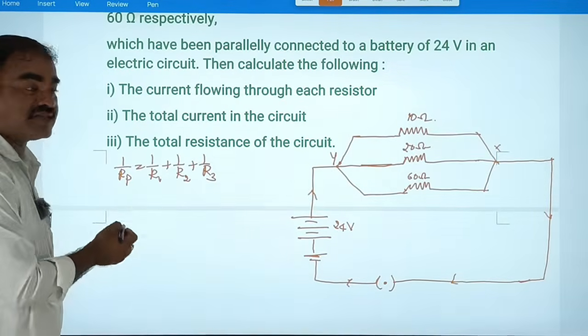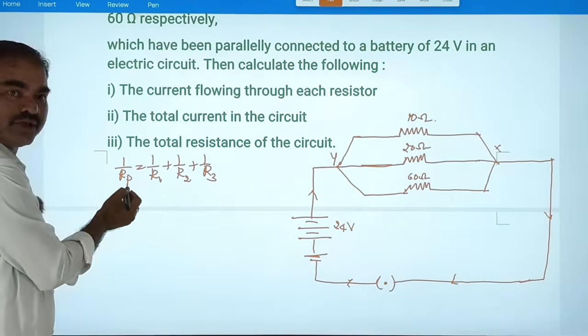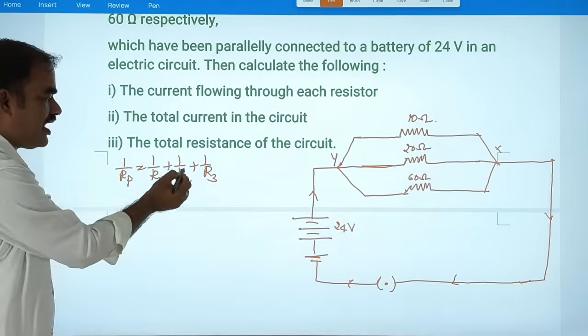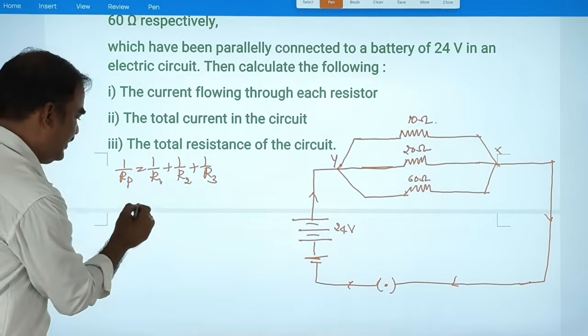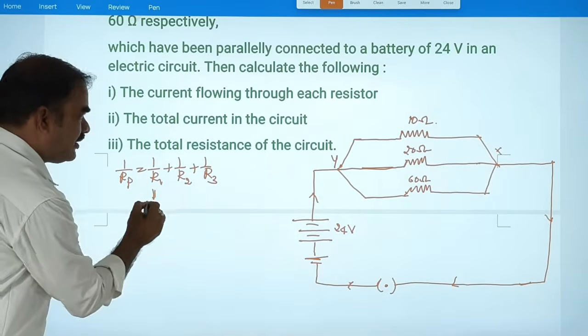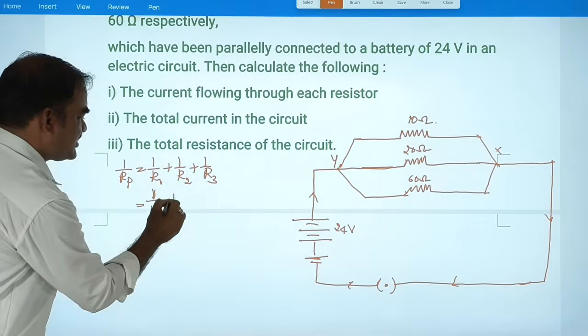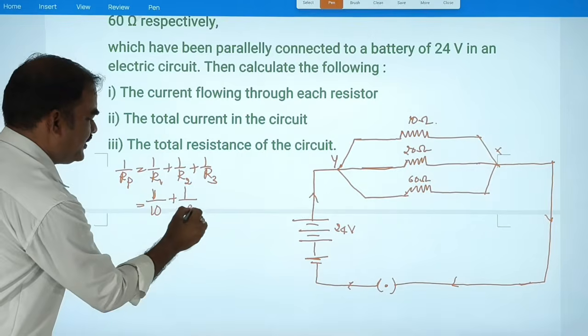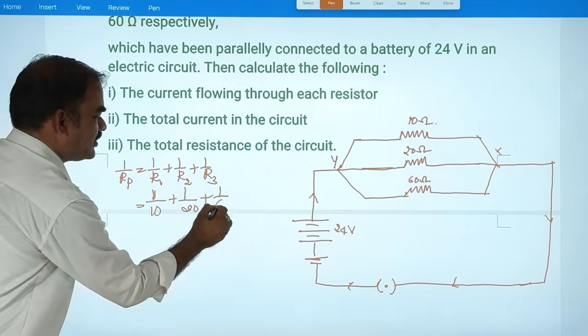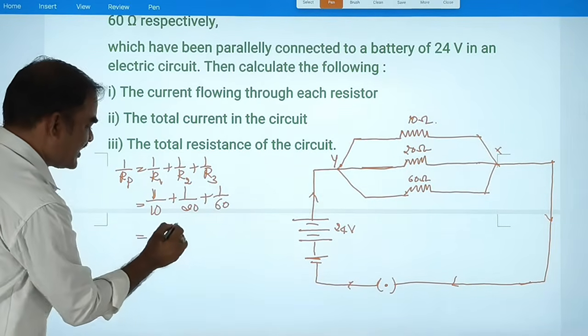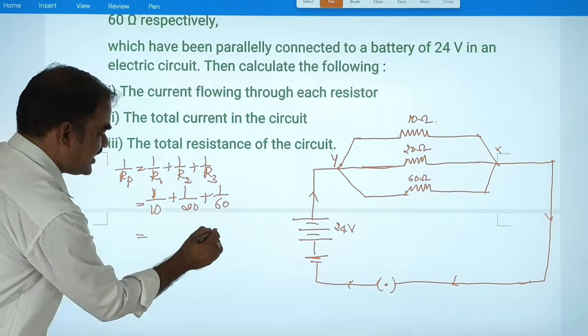So total resistance in parallel: 1 by Rp equals 1 by R1 plus 1 by R2 plus 1 by R3. Now we can write it as 1 divided by 10 plus 1 divided by 20 plus 1 divided by 60. What is the LCM here? 60 is the LCM.